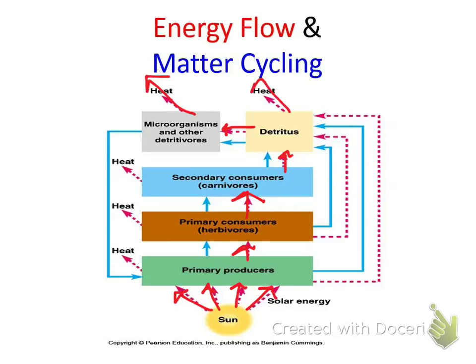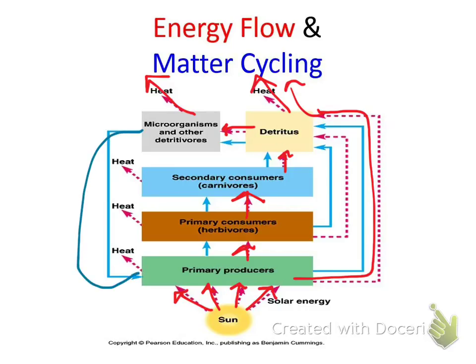The energy's gone. But matter, which is the blue line, goes back. If you focus on the blue line over here, it goes right back. So while water, carbon, nitrogen, and phosphorus are cycled, the energy is going towards chaos or going towards entropy.